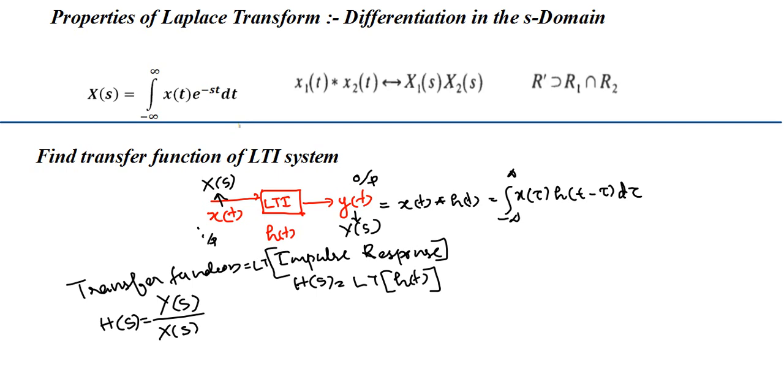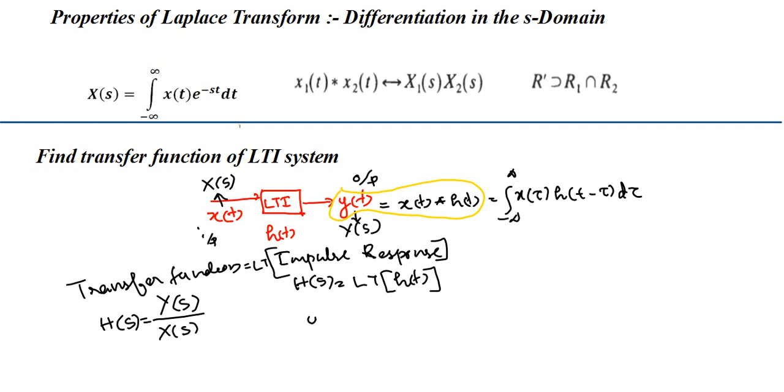By applying the convolution property, I can mark this particular equation: y of t is equal to x of t convolution h of t.